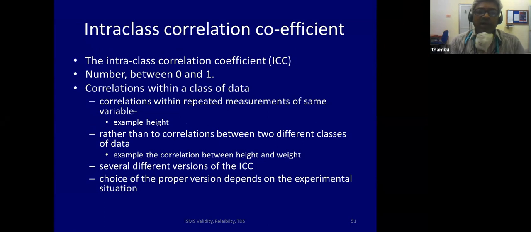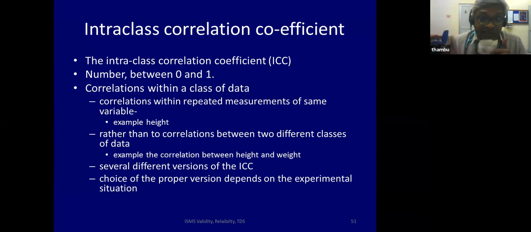Next, we move on to the intra-class correlation coefficient, also called ICC. The number can vary between 0 and 1. Correlations are within a class of data, so the correlations are within repeated measurements of the same variable.